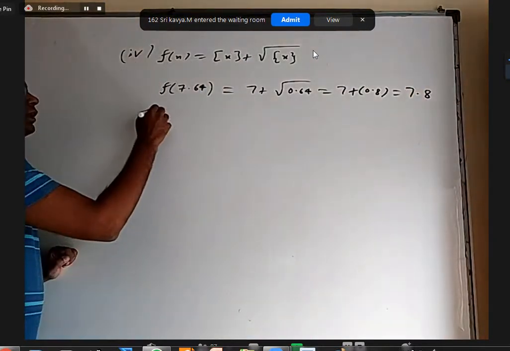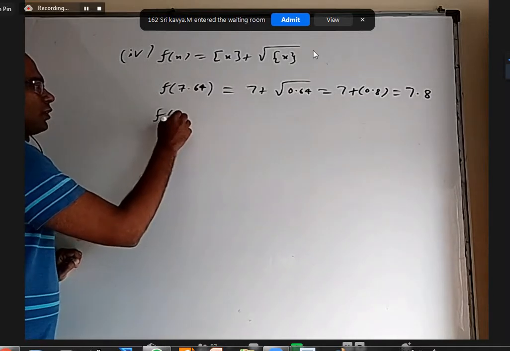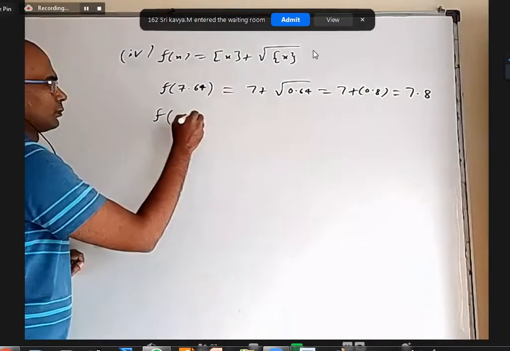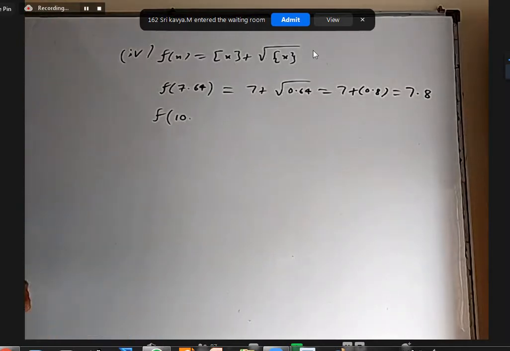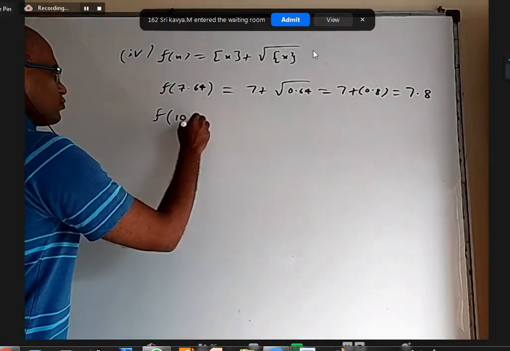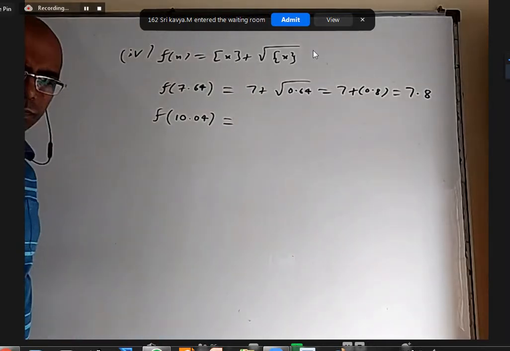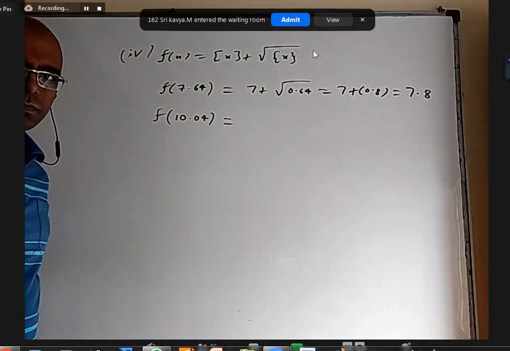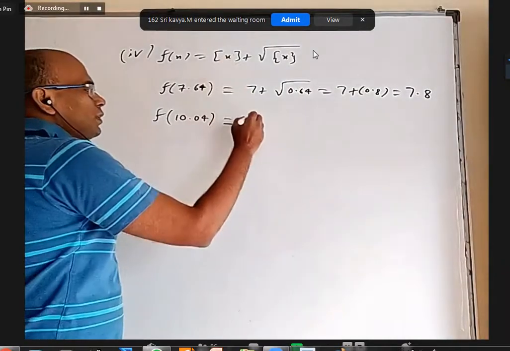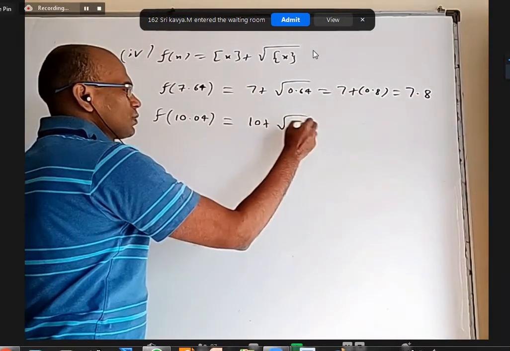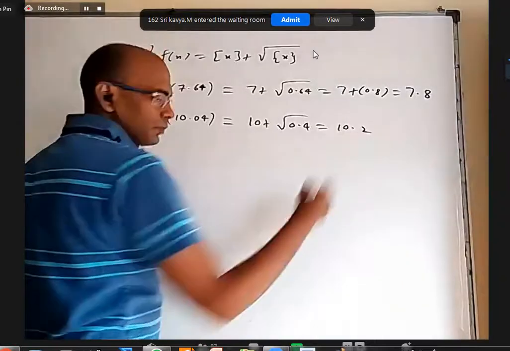What is f of 10.04? 10.2. Integer part of x is 10 and this is root 0.04, which is 0.2, so 10.2.